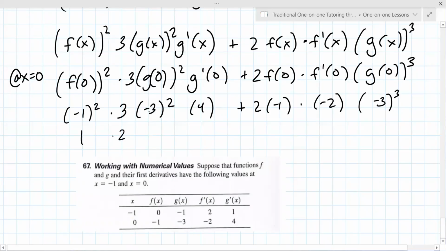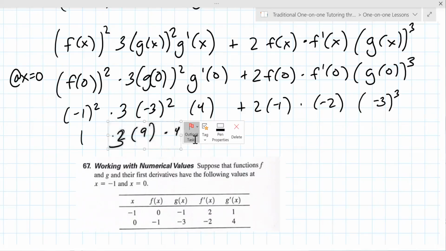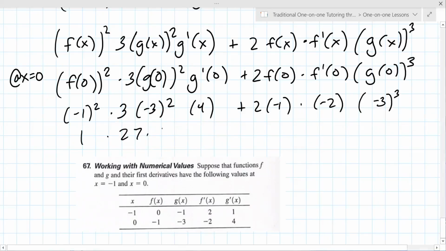No, you've got to square first. So 27 times 4, plus these you can multiply. That gives you positive 4. And then -3 cubed is -27. So it ends up being 0, because whatever 4 times 27 is, you cancel it out.